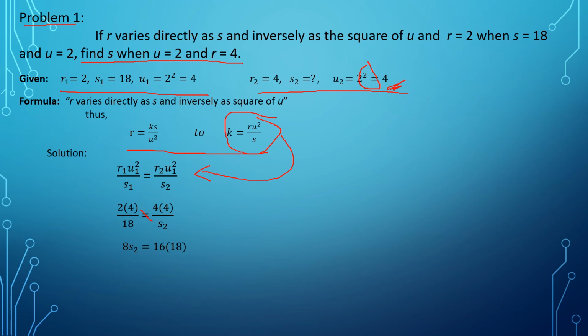So, i-cross multiply na to. So, 2 times 4 equals to 8 times S sub 2. 18 times 4 times 4 equals to 16 times 18. And then, 16 times 18 equals to 288. Divide lang nimo sa 8. So, your final answer now is S sub 2 equals to 36.